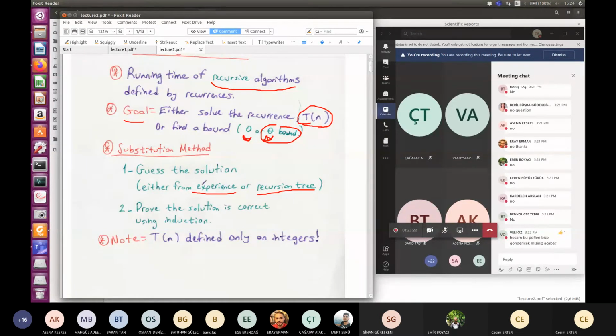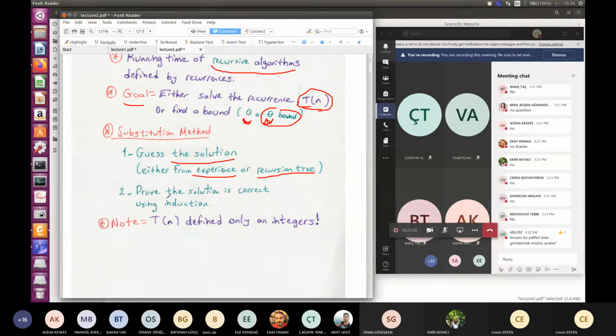If that's the case, using either that kind of experience or trying to draw a recursion tree for the T(n), we guess a solution. Note that the sums we find from the recursion trees are also guesses. And the next thing to do would be to prove that our guess is correct using induction.